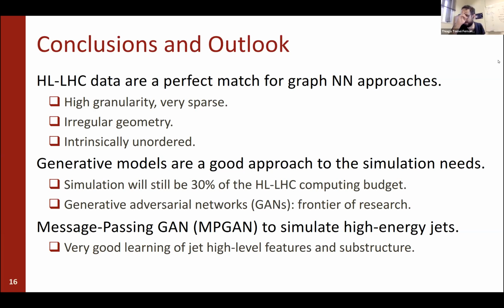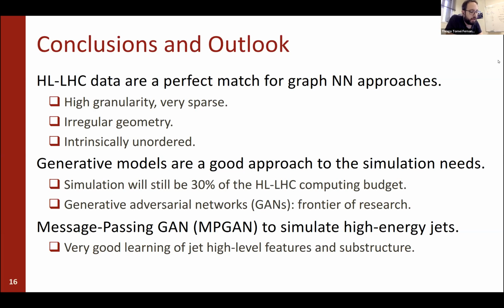I think I didn't explain myself well. What I meant by sparse is not the sparseness of the graph itself. It's the sparseness of the data. It's like when you say that in the tracker or in the calorimeter, most of the sensors do not fire.